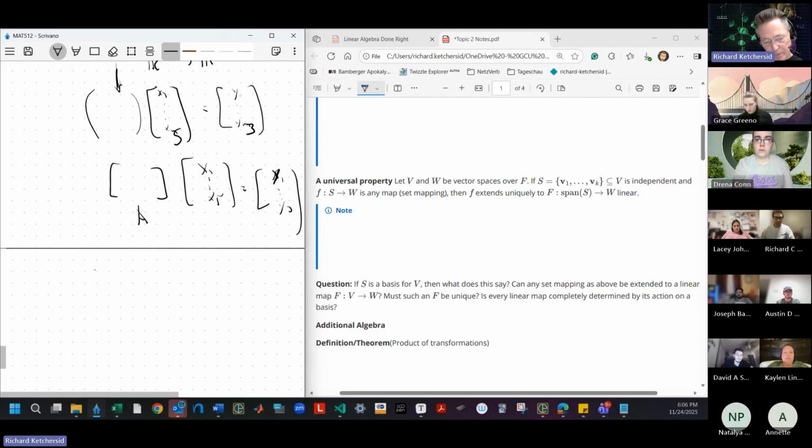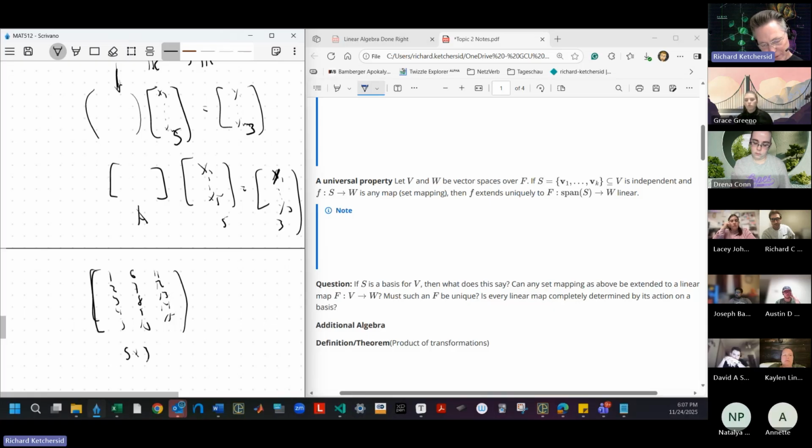So let's say I had 1, 2, 3, 4, 5. How many columns does it have to have? This is supposed to have 3 columns. So I'll keep going: 6, 7, 8, 9, 10, 11, 12, 13, 14, 15. So there's a 5 by 3 matrix.